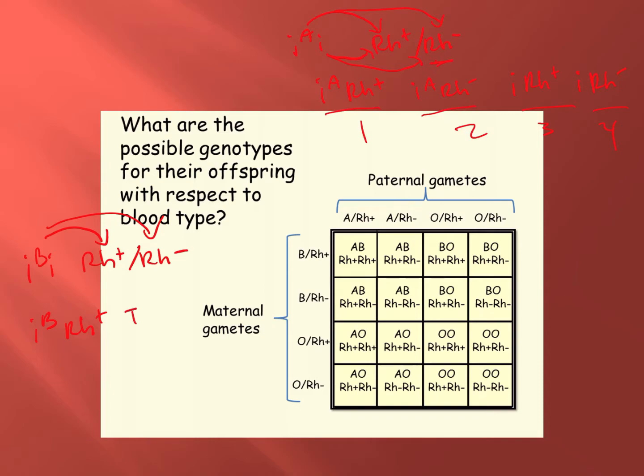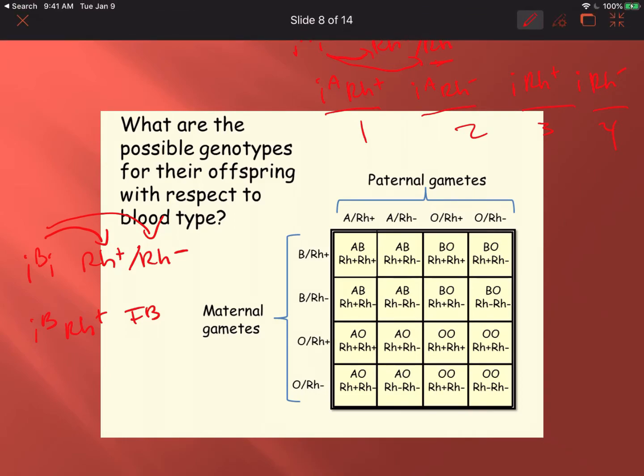Possible gamete number 2 is going to be IB Rh negative. And then gamete number 3 and 4 is going to be i Rh positive, i Rh negative. Okay, so recognize this.